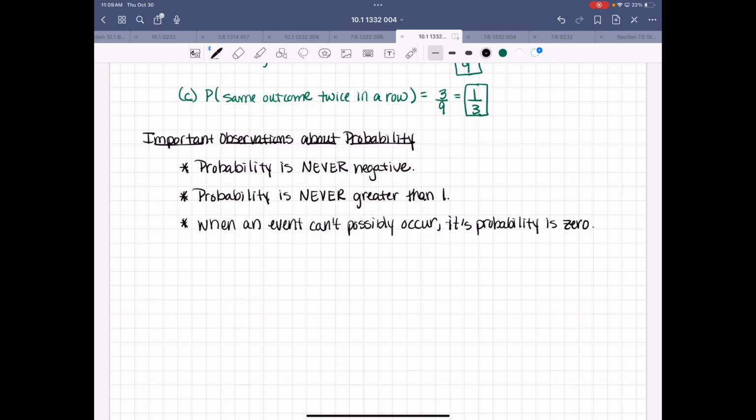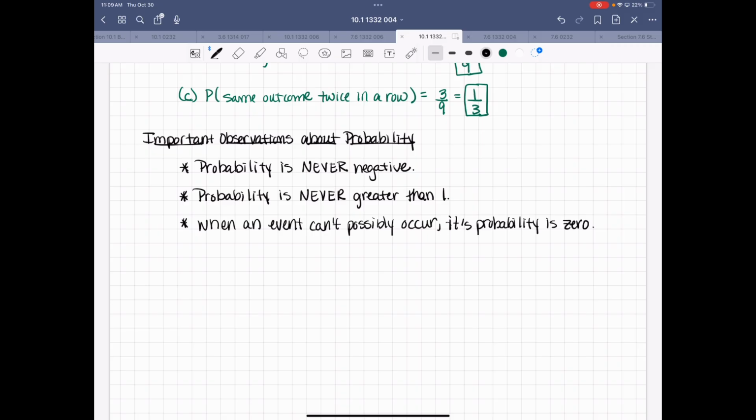Okay, let me give you a scenario because some of you are going, how can something's probability be 0? I have a 6-sided die. I roll that die. What's the probability that I get a 7? If it has 6 sides and it's numbered 1 through 6, I'm not ever going to get a 7, am I? I can roll for the rest of my life and I'm not going to get a 7. So the probability of me rolling a 7 is 0.